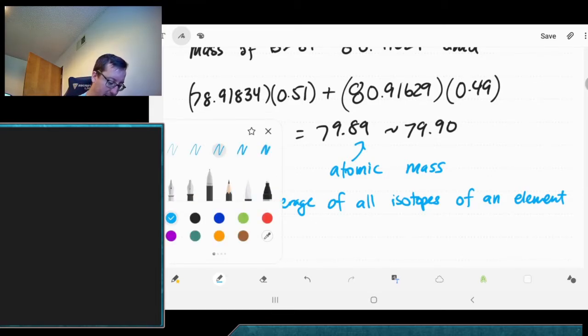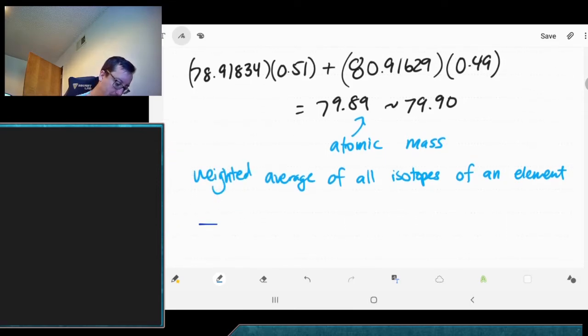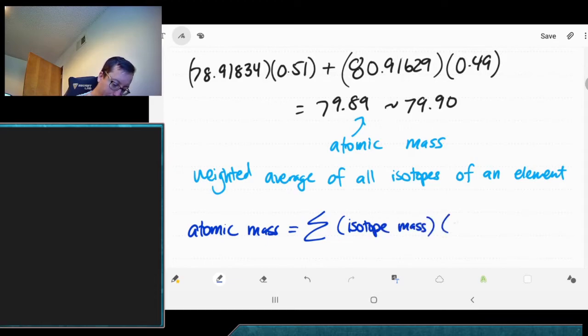If we want to put this in formula form, we can do so like this. Sigma notation just means you add them all up. So however many isotopes there are, you'll multiply the mass of the isotope times its abundance in decimal form.